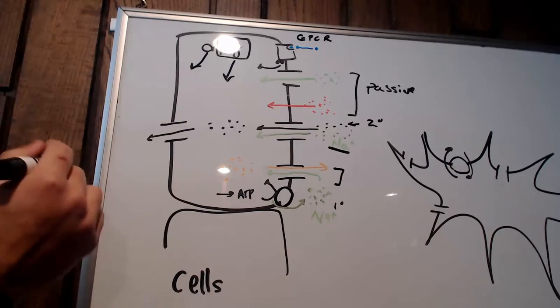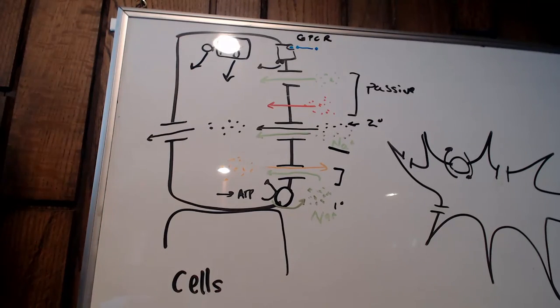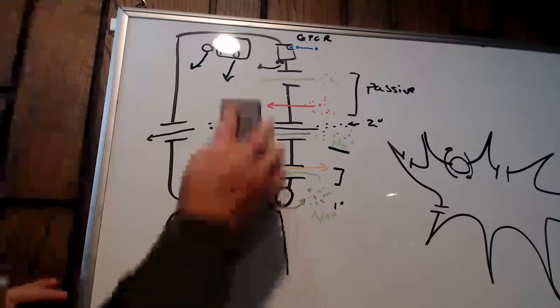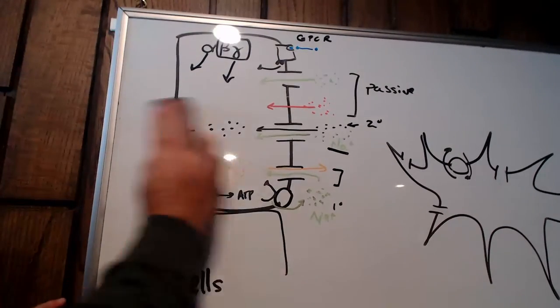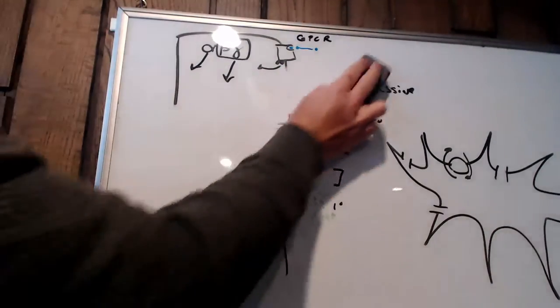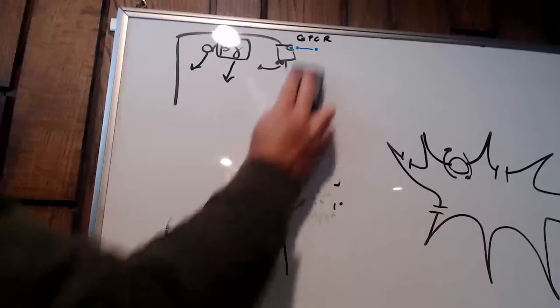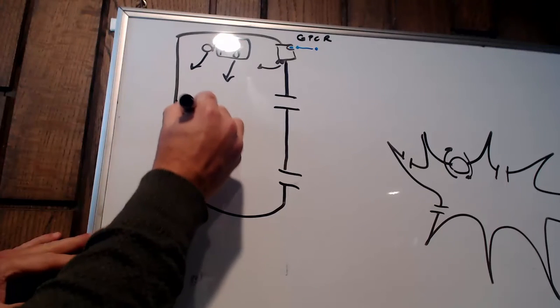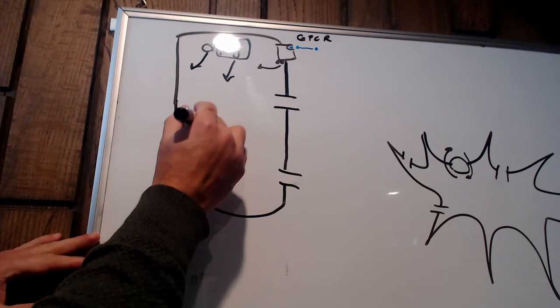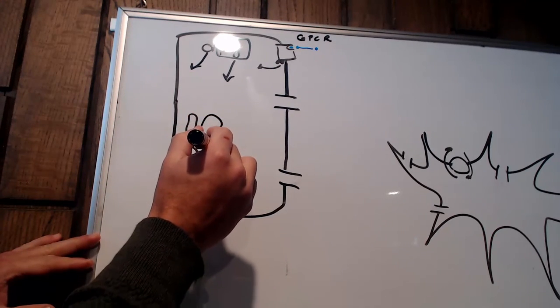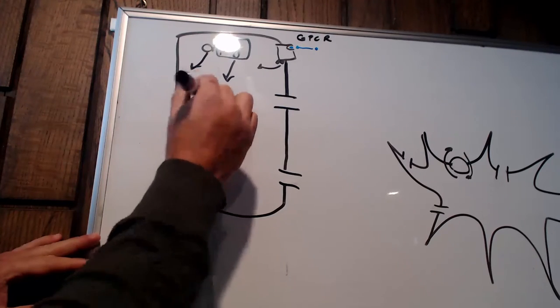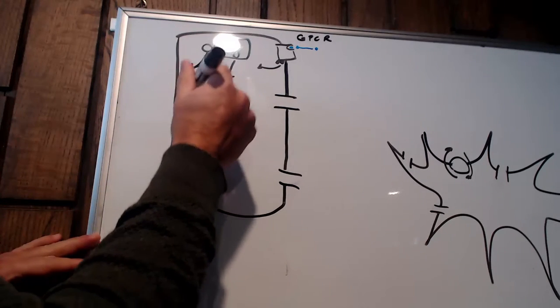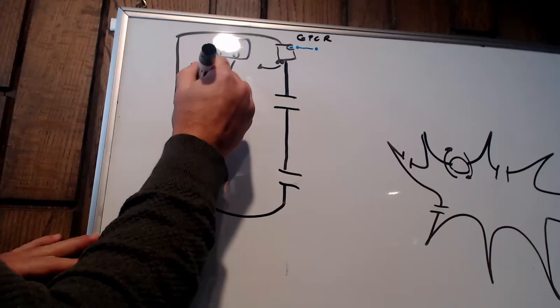Oftentimes what that alpha subunit can do is it will open up a channel. So I'm going to just erase this whole entire mess, and we can talk about it in a slightly different way. Imagine that we have a situation like this. We have calcium channels, and then we have tethering proteins.